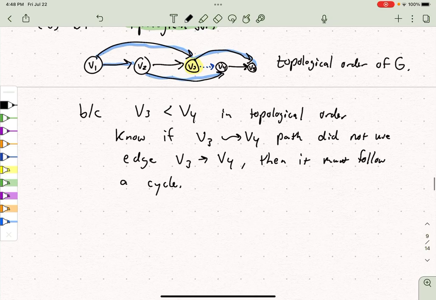Pictorially, if there was this extra edge, it must be from V5 back to V4, which would cause a cycle.